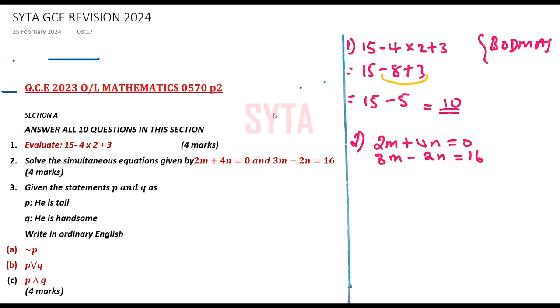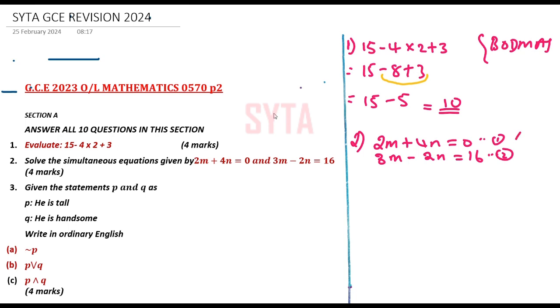Let's call this equation 1 and let's call this equation 2. With this elimination method, we're supposed to either add or subtract to ensure that one of the variables is eliminated. But in this case, we realize that if you either add or subtract, none of them will be eliminated. So I'm going to multiply equation 1 by the coefficient of m in equation 2, and I multiply equation 2 by the coefficient of m in equation 1.